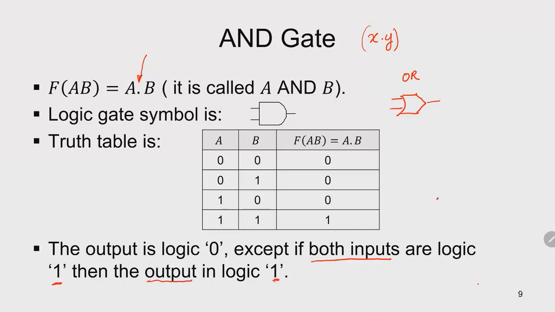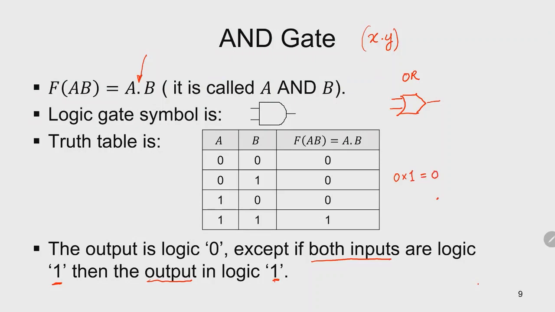Okay, again, we go through our truth table. If 0, 0, so both inputs are 0, then our output is 0. If A is 0, B is 1, the output is also 0. This is similar to your normal algebra. If I take 0 multiplied by 1, that is also equal to 0.